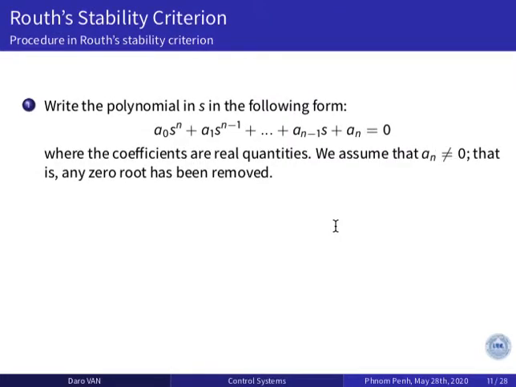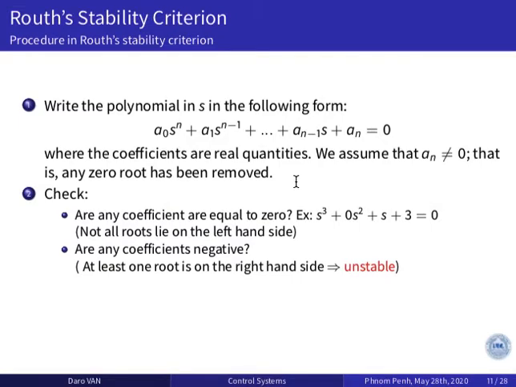So there are some procedures in the root stability criterion. The first step is to write the polynomial where the coefficients are real quantities. So a0, a1 to an are real quantities, and we assume that an is not 0. That is, all 0 roots have been removed.